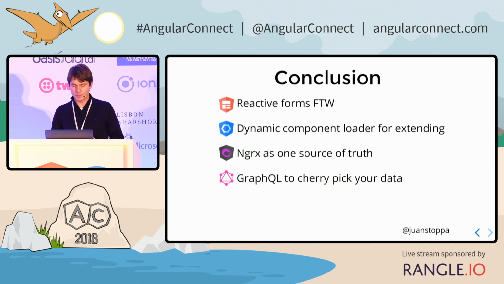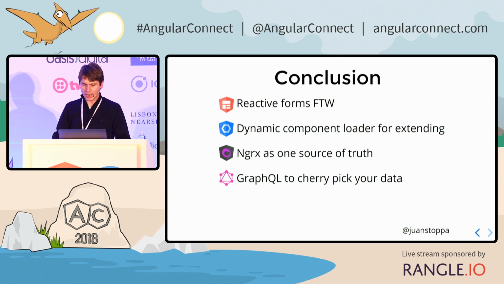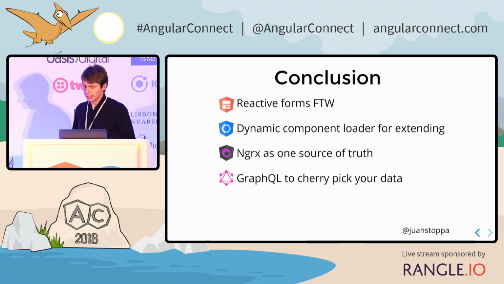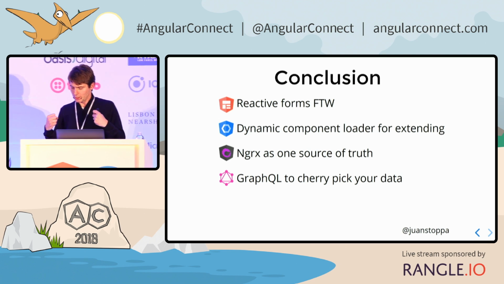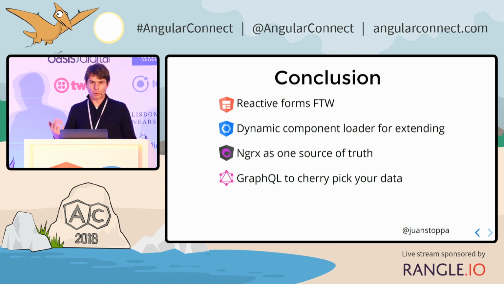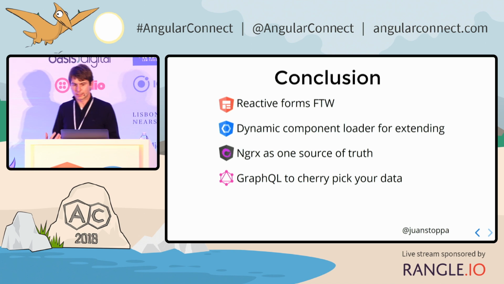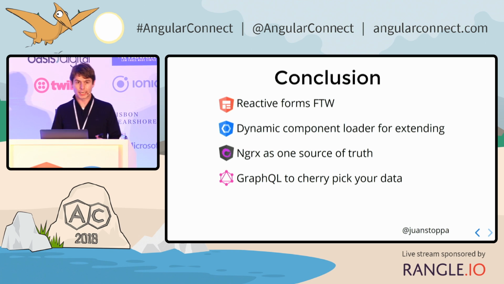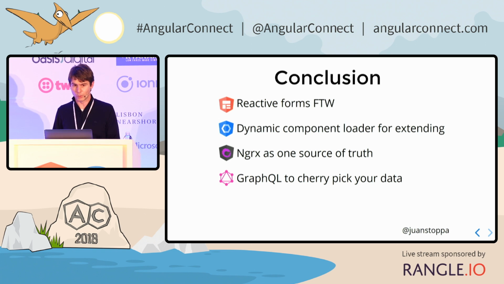All right, so the conclusion is, reactive forms are really good. If you don't use them, I really recommend it. It really helps you to have your form in an immutable state, and you can only safely change it by sending an action or modifying it from the form groups. The dynamic component loader is a technique that I've used in a lot of applications, even in production before, and it works really well.